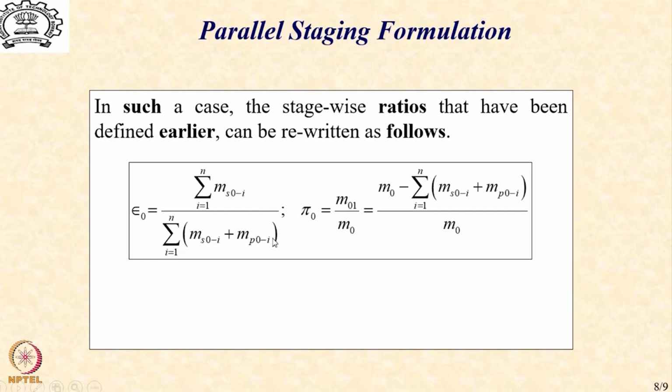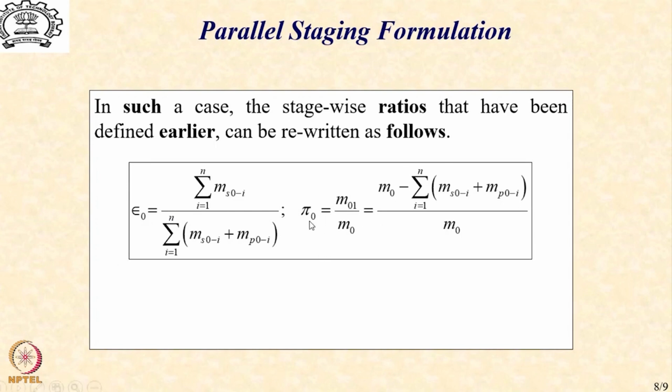So you realize that instead of a single mass value, if we replace this with the total mass of all the rockets firing together, we directly get the structural efficiency ratio epsilon naught.